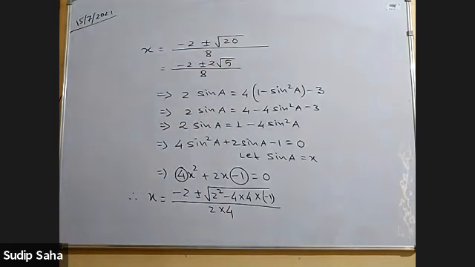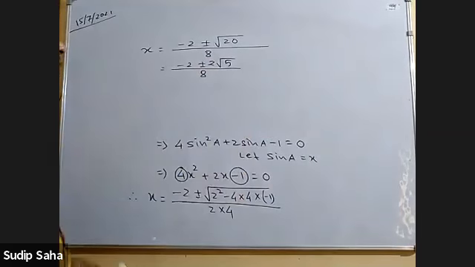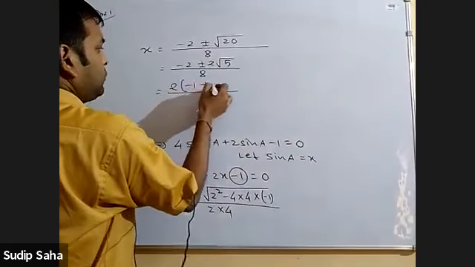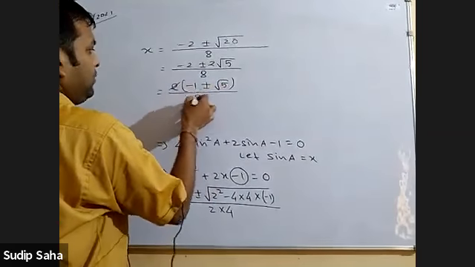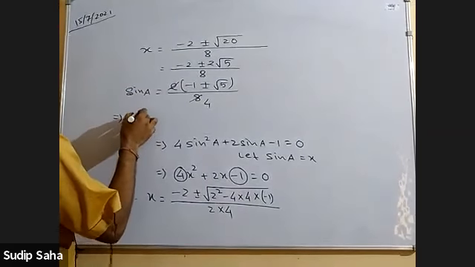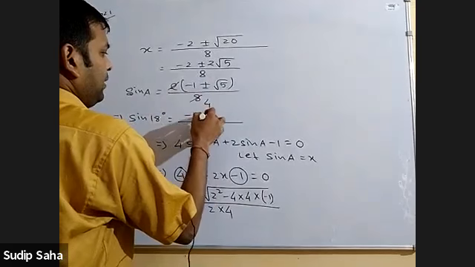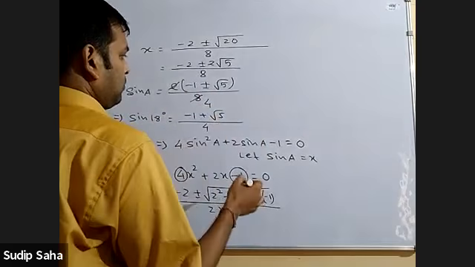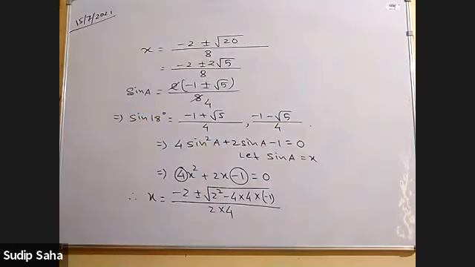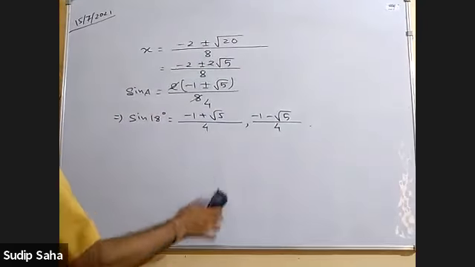Root 20 is 2 root 5. Take 2 common from the top, so minus 1 plus minus root 5 divided by 4, cancel it. So this x you can write as sin a. So again a is pi by 10 or 18 degree, and minus 1 has two values: plus root 5 over 4 and minus root 5 over 4. See, here also there are two values. Now filter which value will be accepted and which will not.